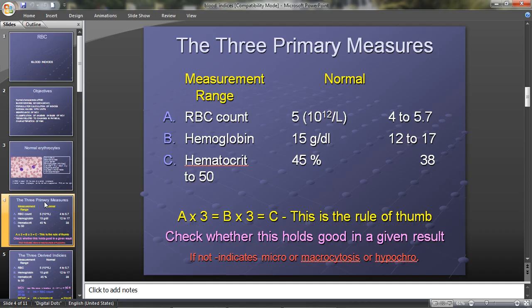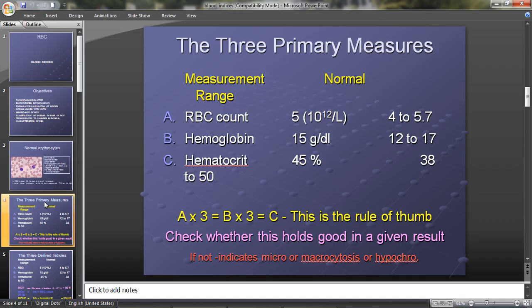Now if you look at the bottom of this slide, A into 3 is equal to B into 3. This means that the RBC count multiplied by 3 would be equal to B, that is hemoglobin, that is 15 grams per deciliter normal.